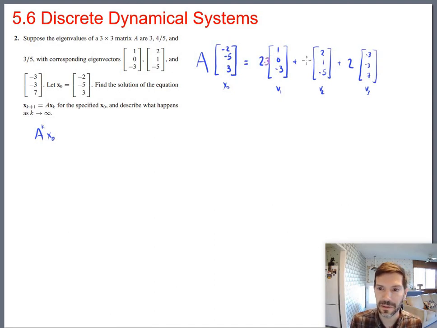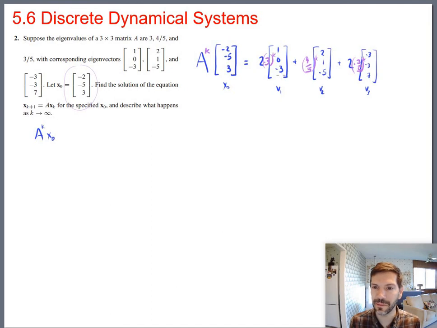The second one was 4/5 right there, and the third one was 3/5 right there. And then, of course, as you do A to higher and higher powers, this is the same thing as doing these to higher and higher powers. So this really is the transition. This will give you xk to any power for this starting value. And describe what happens as k goes to infinity.